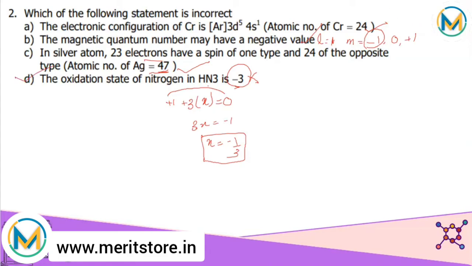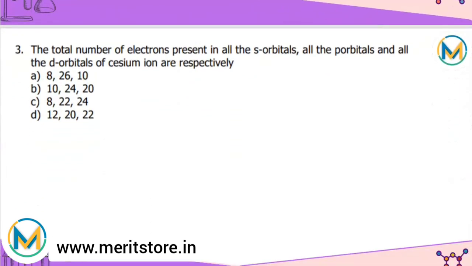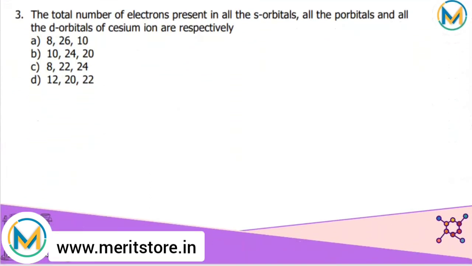Looking to the next question. The total number of electrons present in all the s orbitals, all the p orbitals and all the d orbitals of cesium ion are respectively.